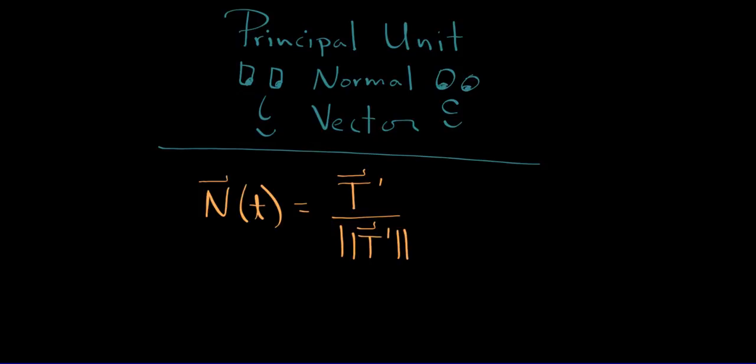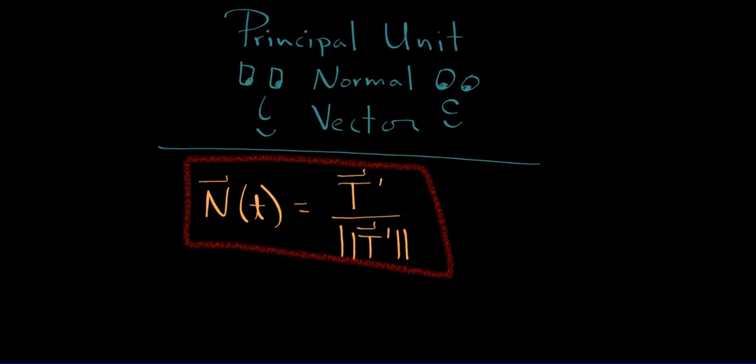So we get it the same way as we did the tangent vector. We just go one more step: I'm going to take that previous vector, find its derivative, and divide by the magnitude of the derivative. And this right here will give you the principal normal vector.